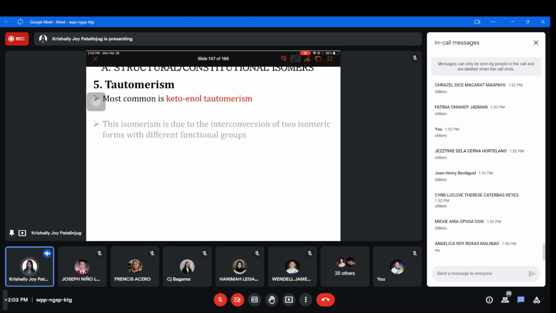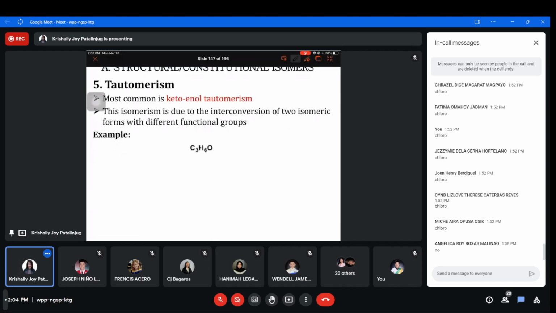Okay? Sige. For tautomerism naman, distinct din ito. This occurs between ketone and an enol. Okay? Ketone and enol form. Kapag sinabing enol form, this is an alcohol and an alkene. Okay? So kapag yung structure, same formula, tapos yung being presented na structure is only a ketone and an enol.